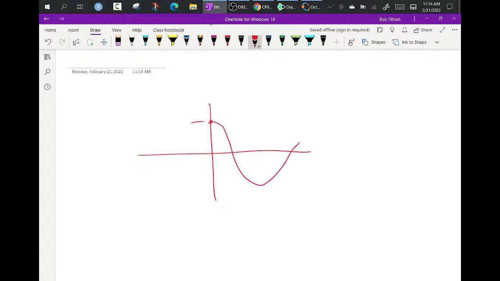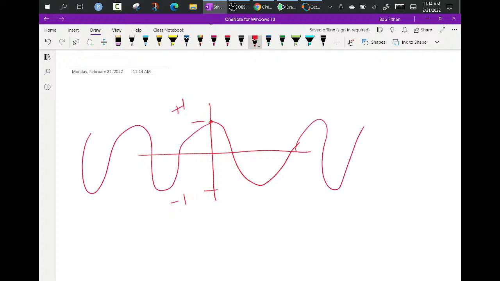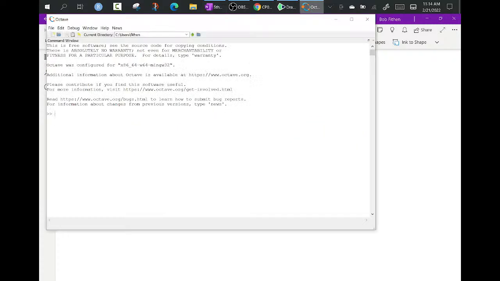It either goes +1 or -1, and it goes over and over. It's a terrible drawing, but if you go to Octave and start doing arc cosine, and I'll do it in degrees, say you do 1, you get 0. If you do 0, you get 90. If you do -1, you get 180.